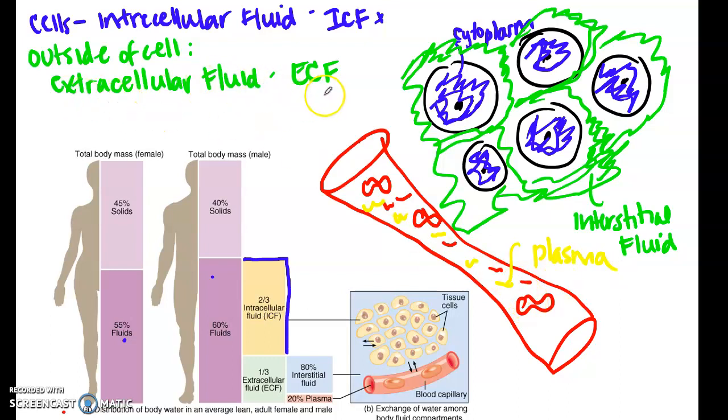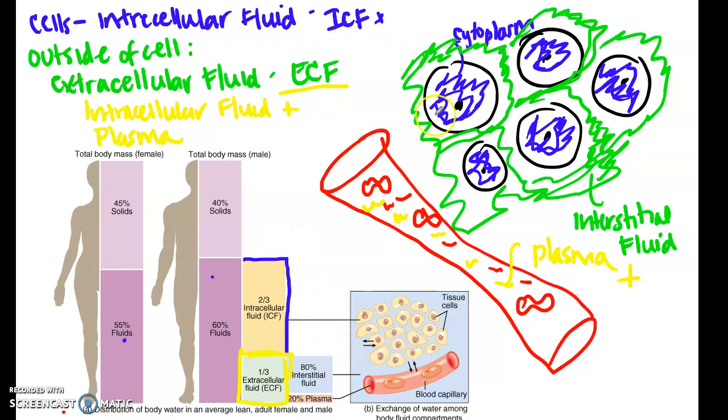So the extracellular fluid is interstitial fluid plus plasma, and the extracellular fluid is 1/3 of the fluid of the body.